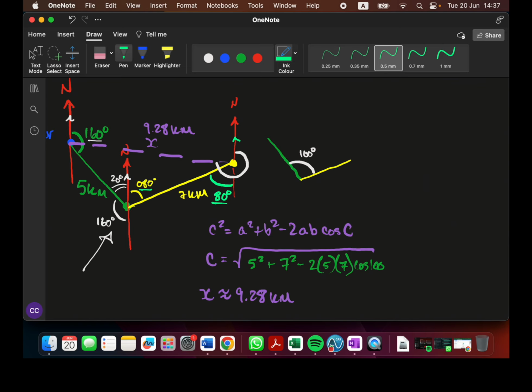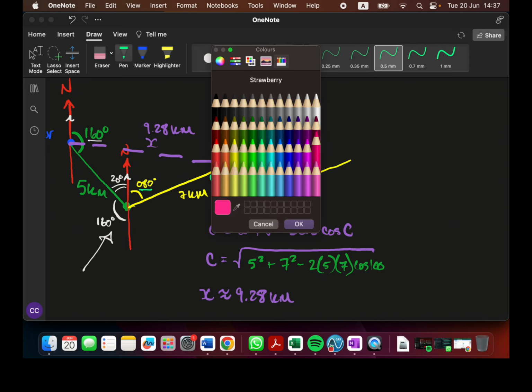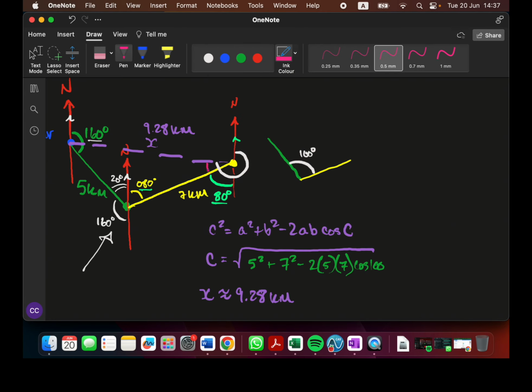Okay? So now my job is to try to figure out this extra little bit of an angle that's right here, and my whole bearing is going to be 180, that's from here to here, plus 80, plus, and I'm just going to call this theta.